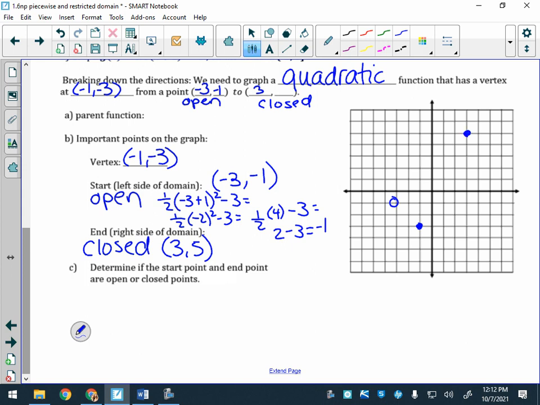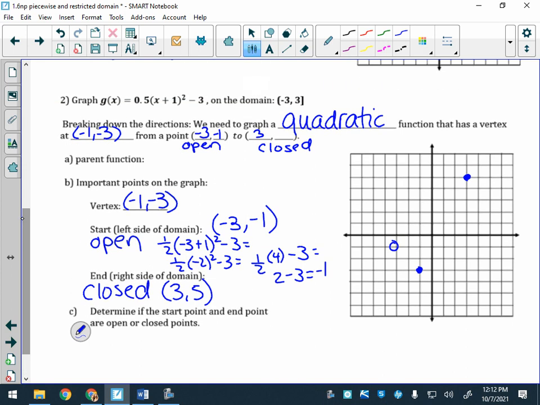So here, to find the exact graph, you could plug in x values to see. You could start with 0, see what you get. You could do 2. We know that since it's a quadratic, it's going to look something similar to that as a rough sketch.